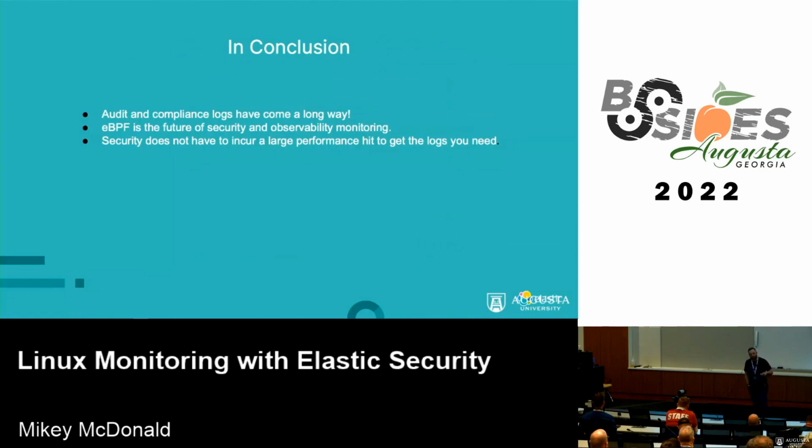So in conclusion, audit and compliance logs have come a long way. eBPF is something that we are using to develop future capabilities inside of our Elastic instances because of the power it has with the endpoint Linux distros.